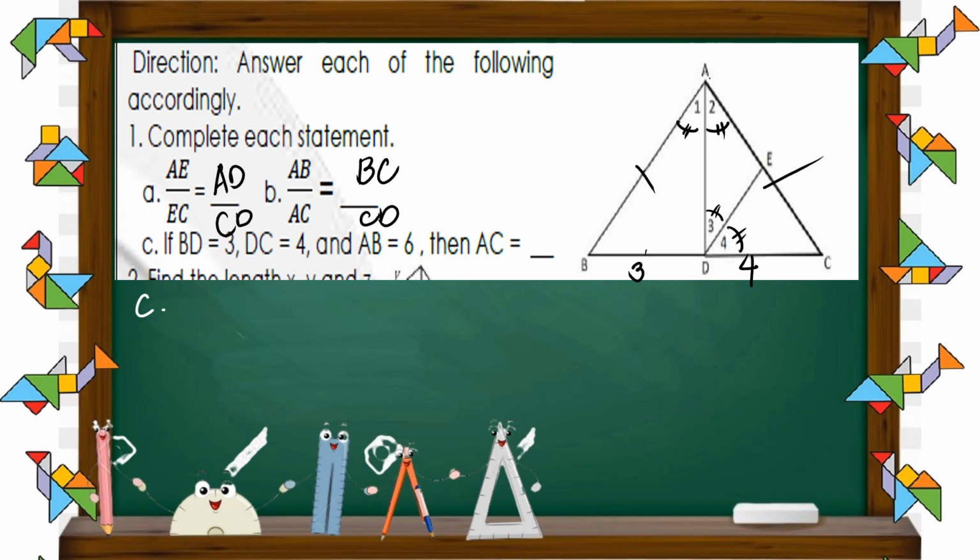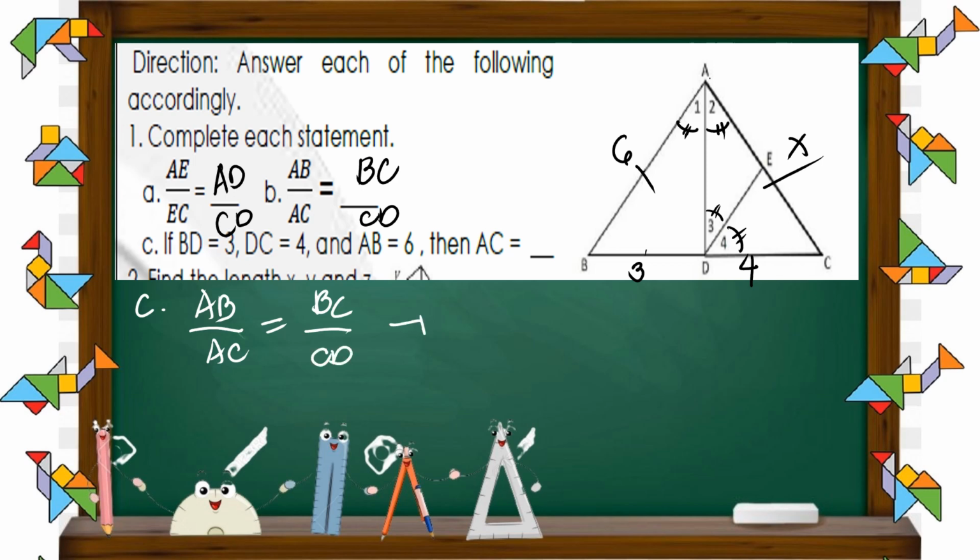We're given AB, which is 6, and the unknown is our AC. So we're just going to use your ratio, which is the ratio with letter A or letter B. So we have AB over AC, which is proportional with BC over CD.